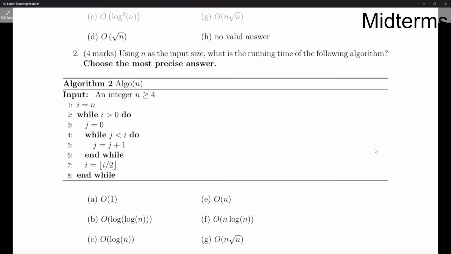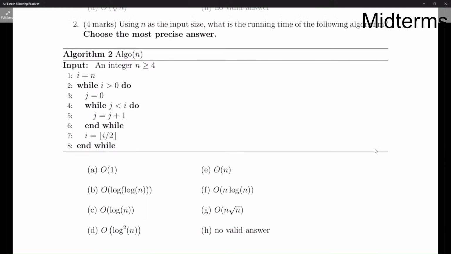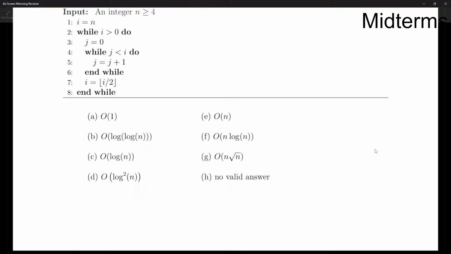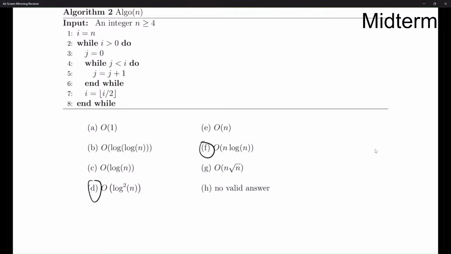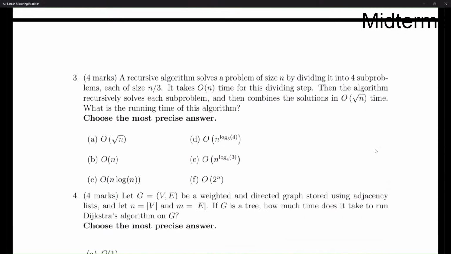What is the running time of the following? I feel like this is n log n, I think. Or it could be this. It's either n log n or log squared n. Oh, this is the master theorem.